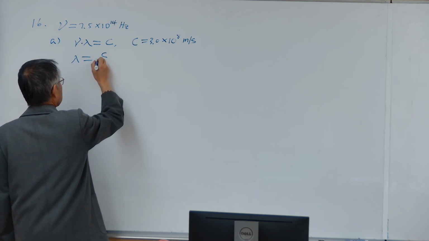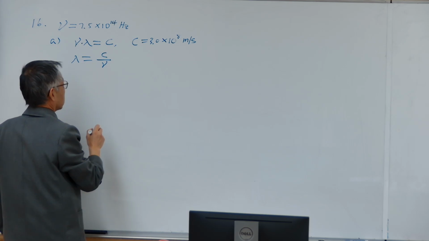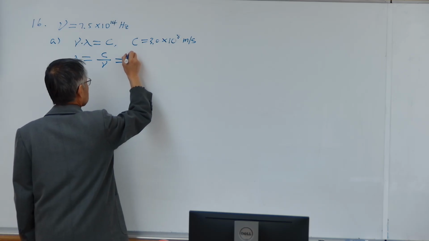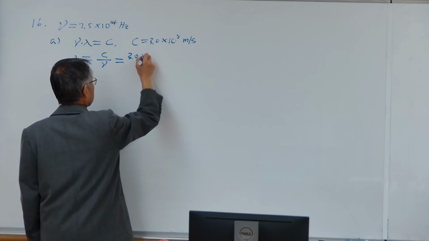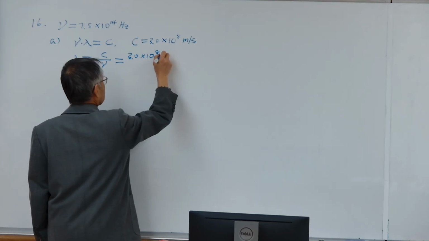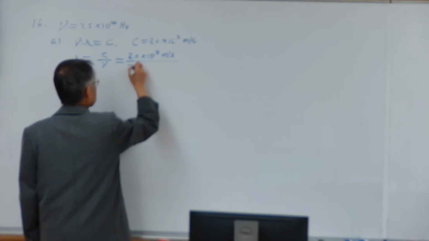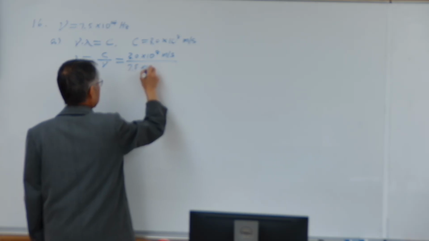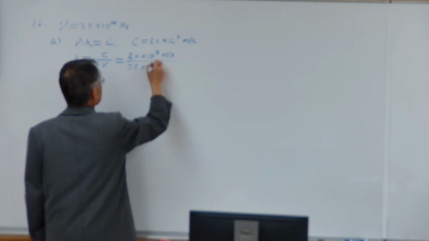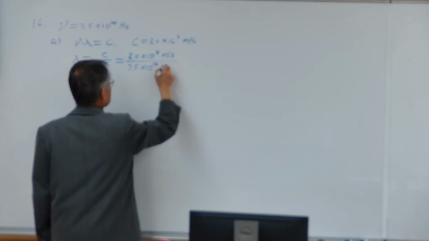Lambda is equal to C divided by frequency. So C is 3 times 10 to the 8th power meters per second. Frequency is 7.5 times 10 to the 14th power hertz.